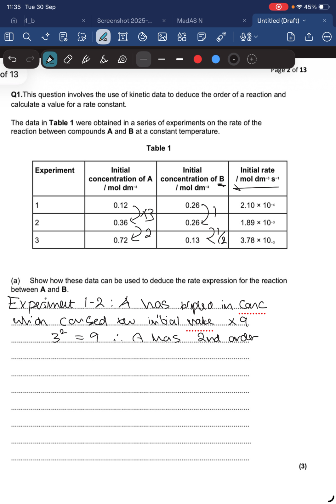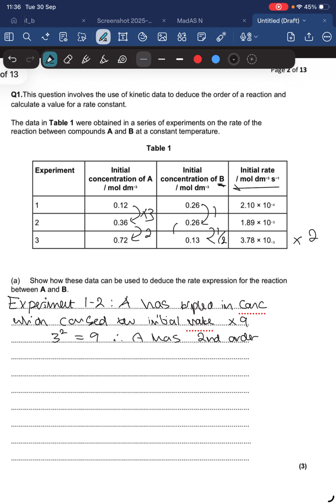Naturally, if this had no effect, if it was order 0, and order 0 basically means anything to the power of 0 would just be 1, that means completely no effect, okay? If this was order 0, then technically this would be times 4, right? So if we do this divided by that, we should get 4, but we don't. We get it doubled, okay?